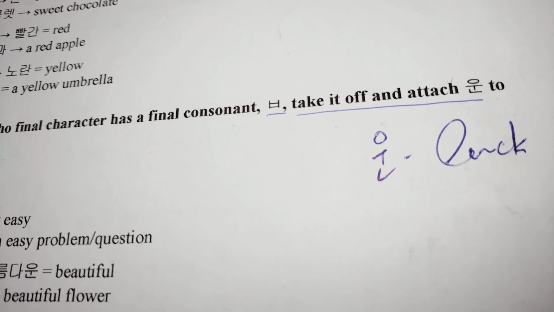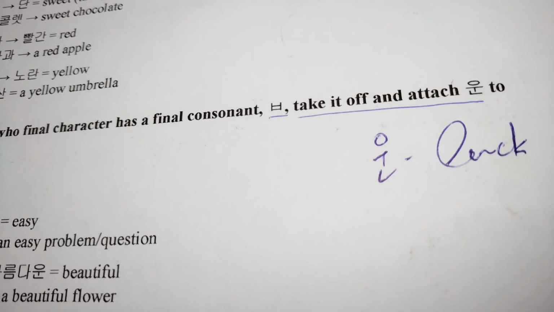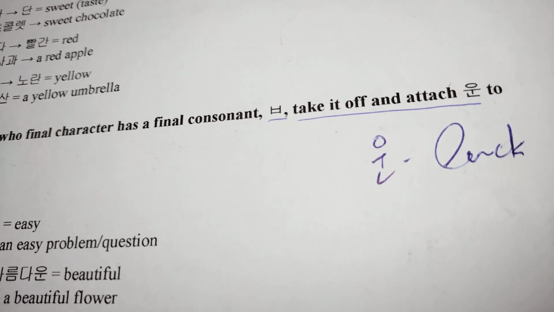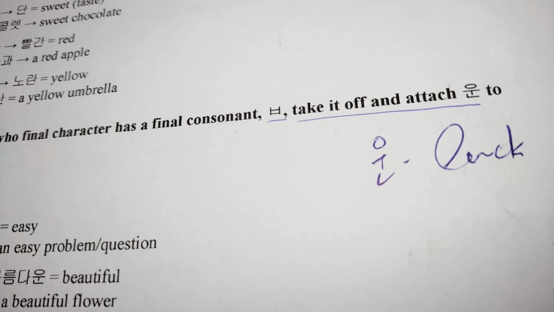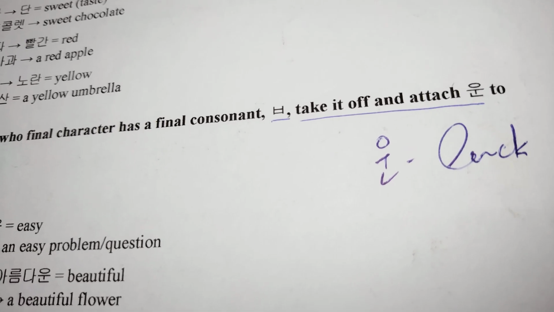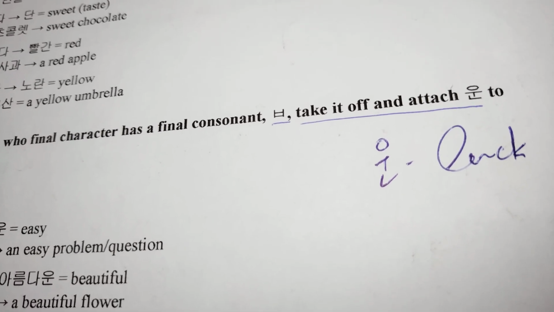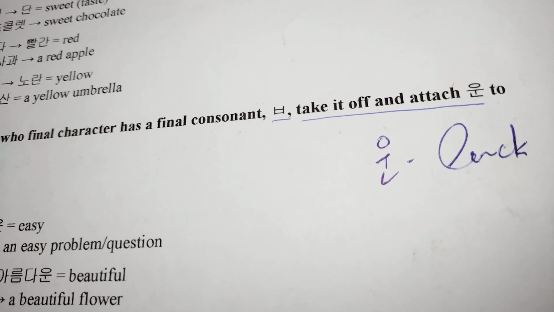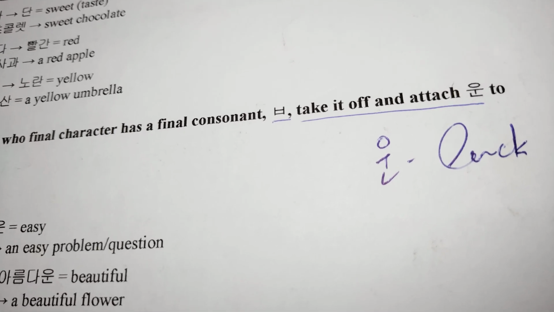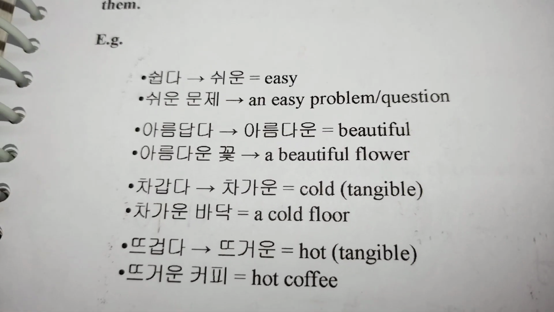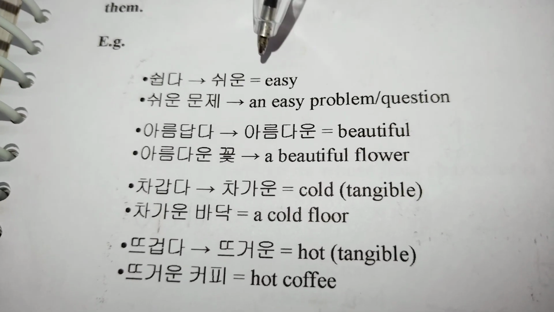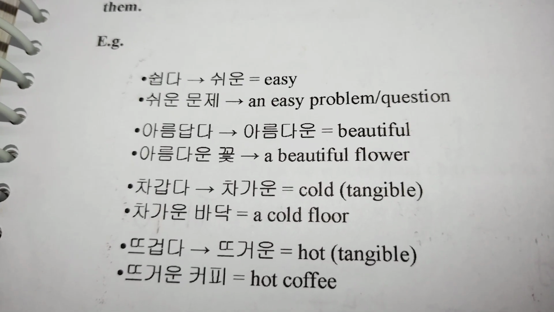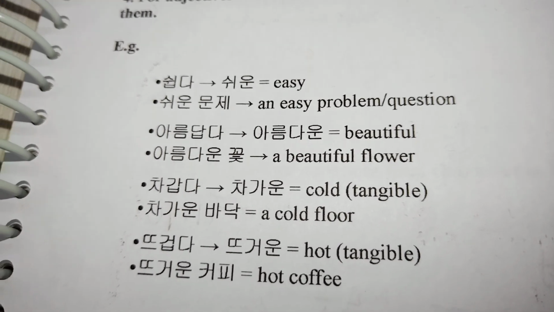Now you're attaching it to some word, so understand that it wouldn't mean the same thing. If you say un 좋다, that would mean fortunate. That's how the luck thing comes. Coming to the examples, 쉽다, 쉬운. That wouldn't mean easy luck. That would just mean easy.